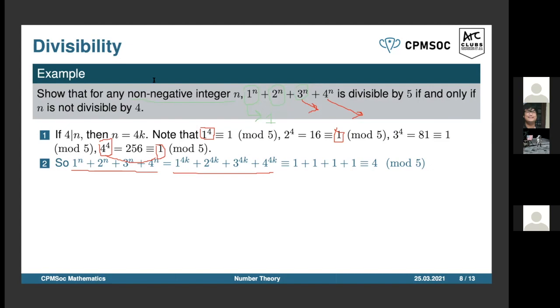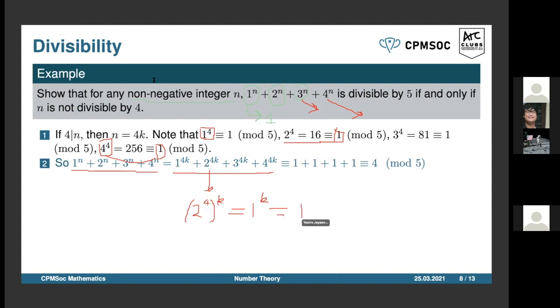You have this 2 to the 4k here. You can write this as 2 to the 4, and then to the power of k. We can again use our modular arithmetic rules for exponentiation. We can replace this 2 to the 4 with a 1, which we derived earlier. This is the same as 1 in modulo 5. So we can replace this with a 1.